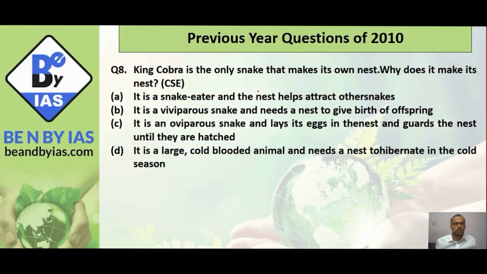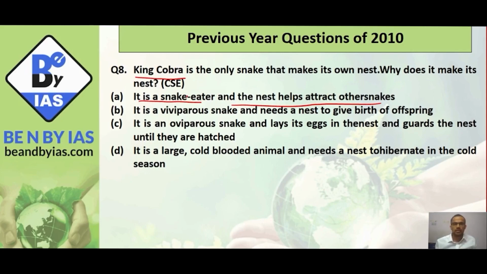Next. So this question is about king cobra. So let us read this question. King cobra is the only snake that makes its own nest. Why does it make its nest? So let us consider the options. It is a snake eater, and the nest helps attract other snakes. No, it is not a snake eater.